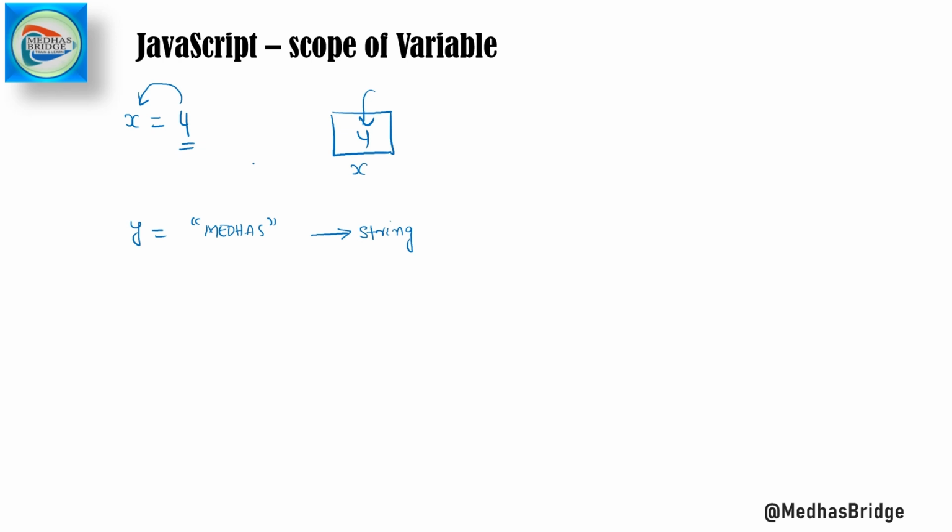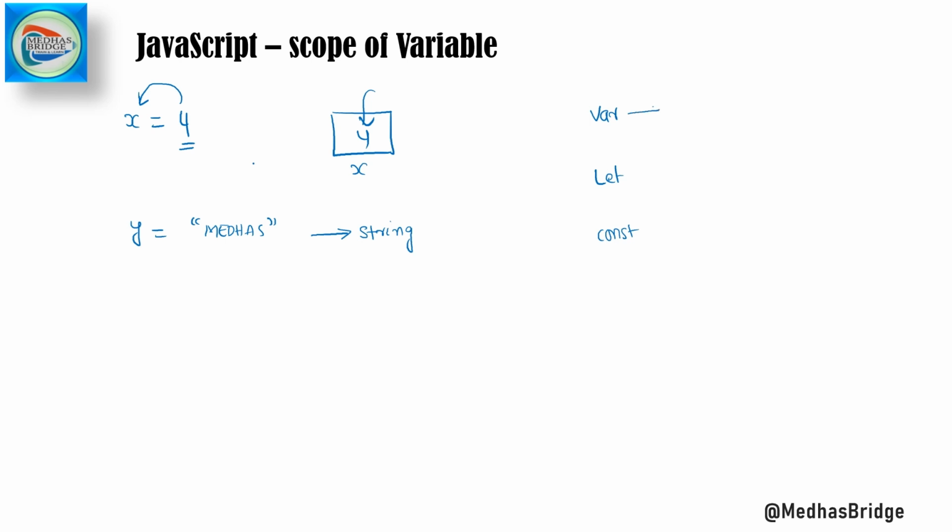You can also do it automatically, without declaring, but that's not a good practice. What we say is that we have a keyword called var, a keyword called let, and another keyword called const. These are the 3 ways you can declare a variable.